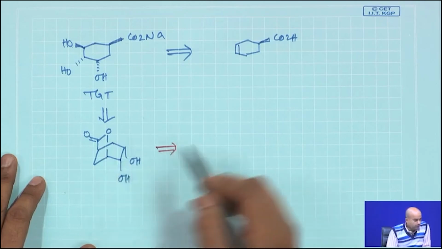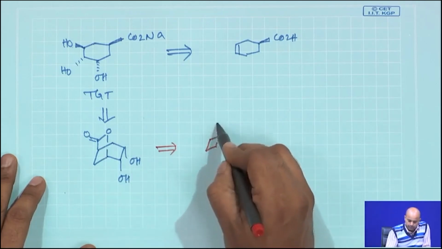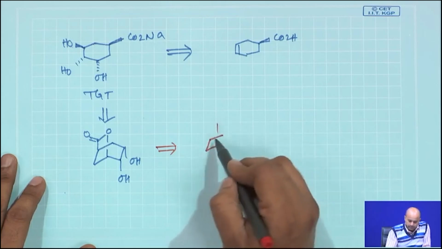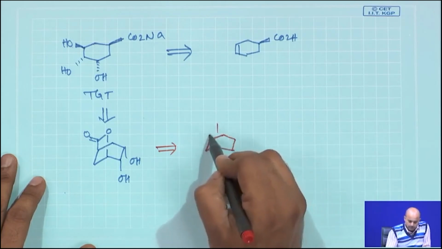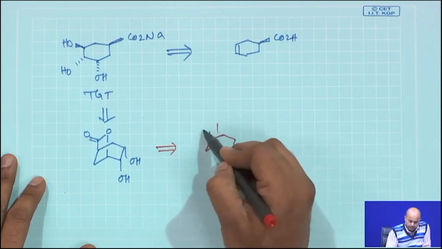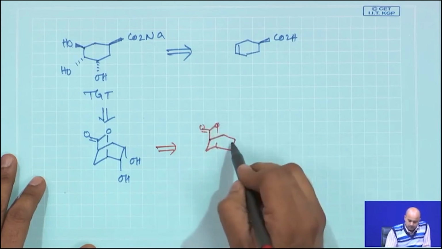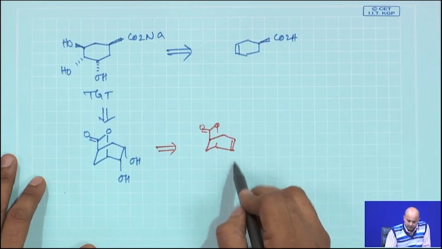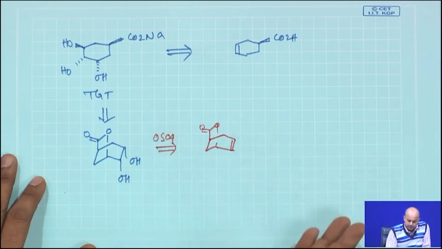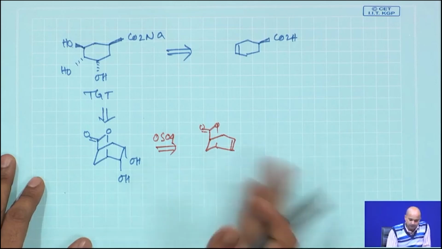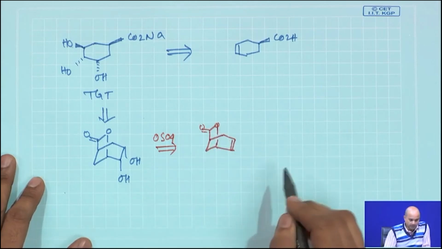Now, how can this below OH be introduced? We basically propose that if you have a double bond here, the hydroxylation by osmium tetroxide will take place from the bottom face, as the top face is blocked by this lactone ring. Okay.